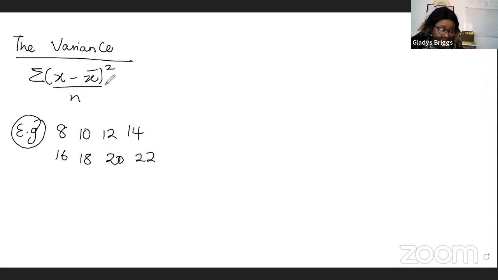Then the first thing you want to work out is your x bar. Your x bar will be equal to sigma x over n, yeah? Okay, so add them all up and divide by the number of data. 1, 2, 3, so over 8. Add them all up and let me know what your answer is.